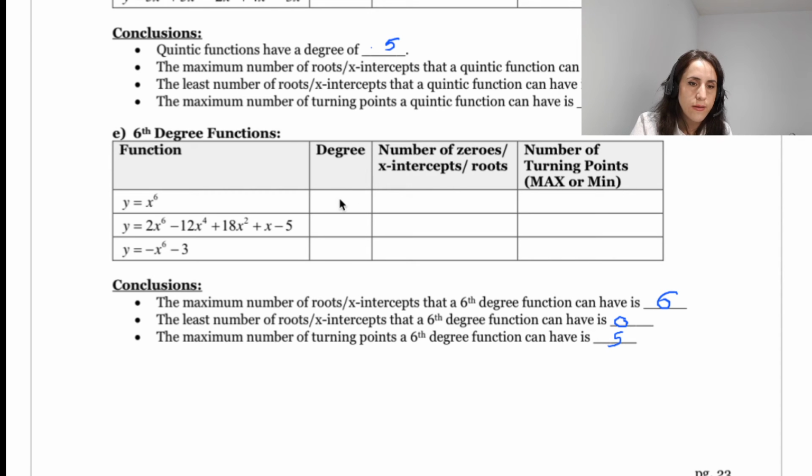I'm just writing the degree because we know the degrees are 6. Okay.